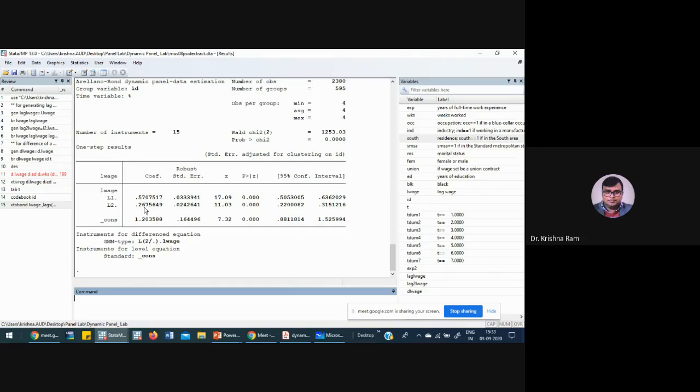So we can say the wage depends upon the past wages, with a lagged weightage of 0.57 for the first period and 0.27 for the second period.